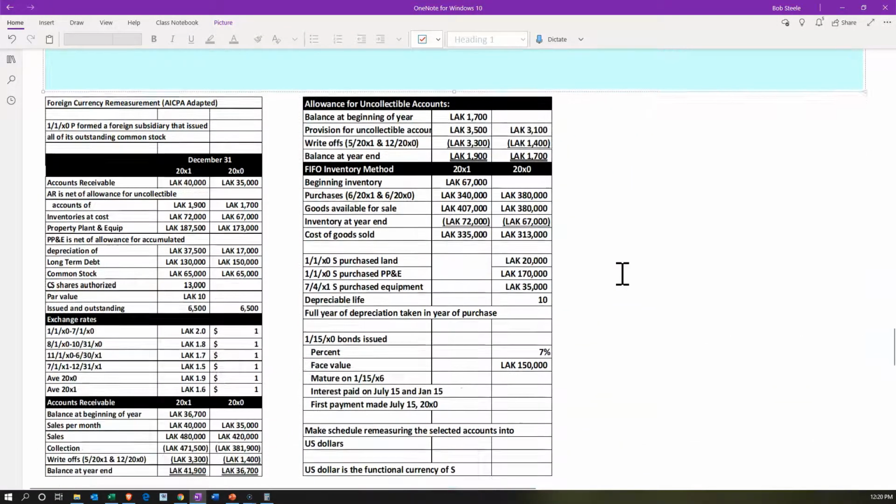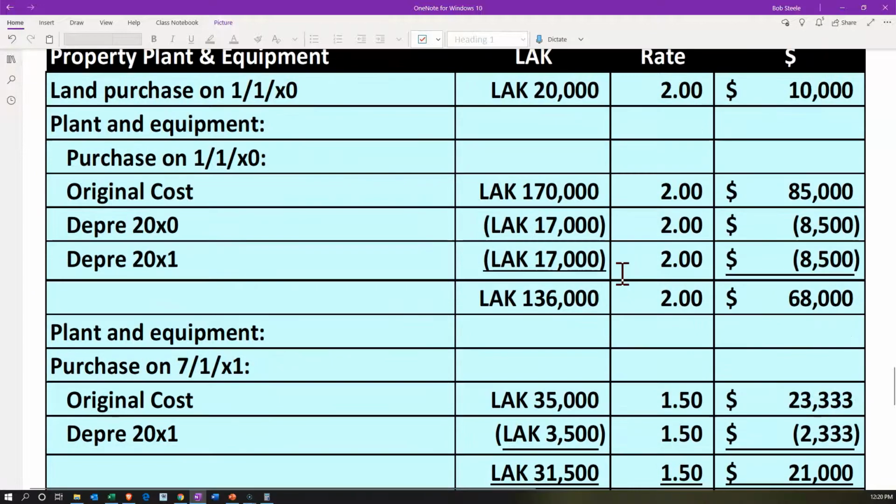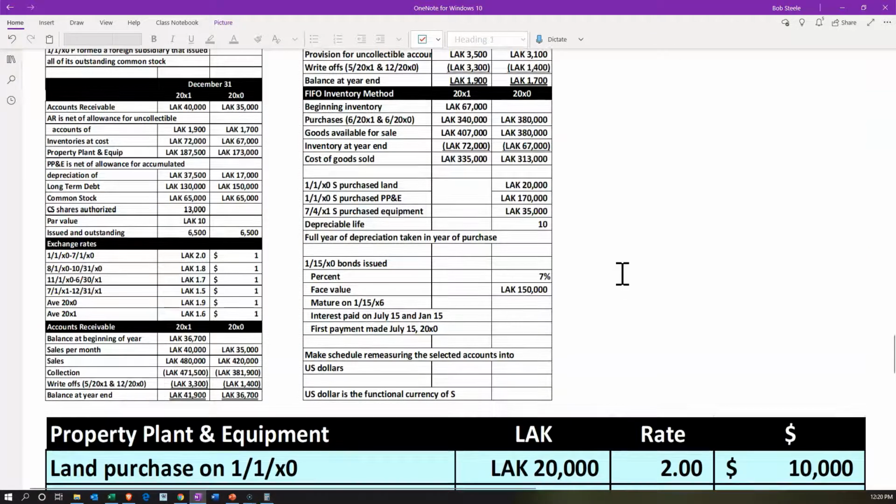So then we're going to scroll down and we're going to go, all right, now let's look down here at the inventory information, which is here. So we have first in, first out, so what's going to be used. The first in, first out flow method is going to be used, and that means that the ending inventory is going to be consisting of the later units that were purchased. So in 2000X0, we had 380,000 purchased.